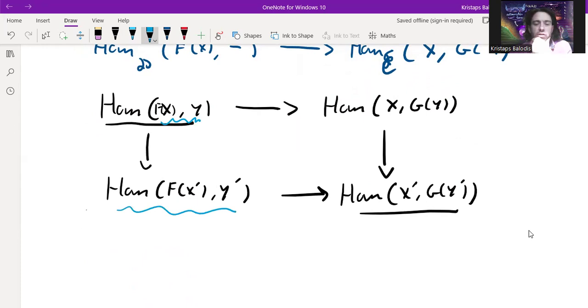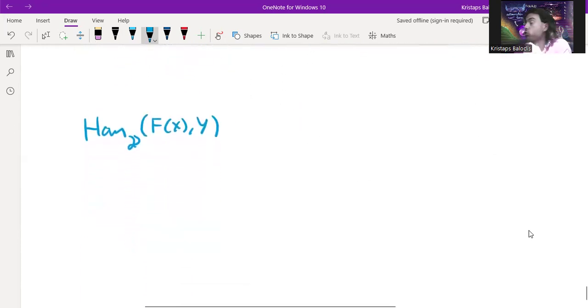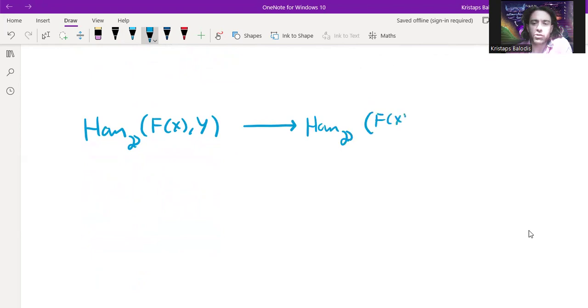So either I could change x prime first, or I could change y prime first. So remember that by the functoriality that we drew above, one way of doing this is by changing the y prime first. And so this is just using the covariant Hom-functor that I wrote previously.